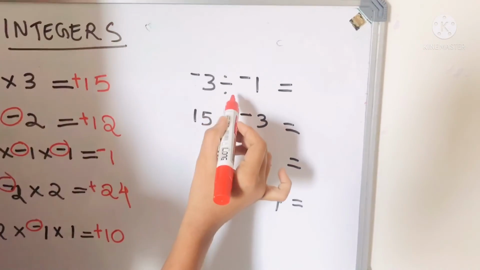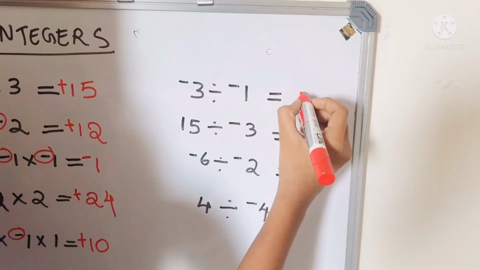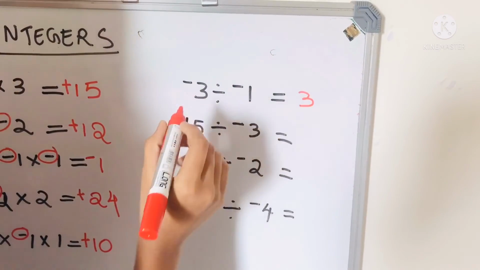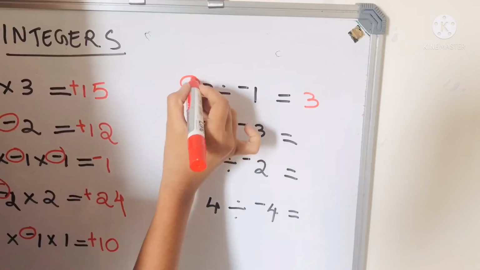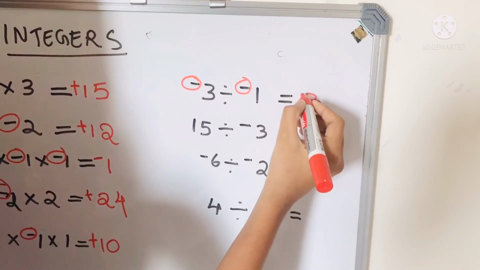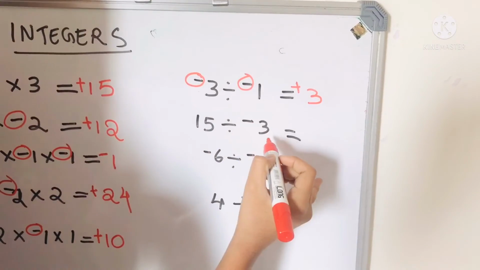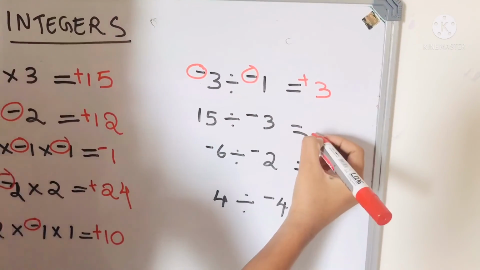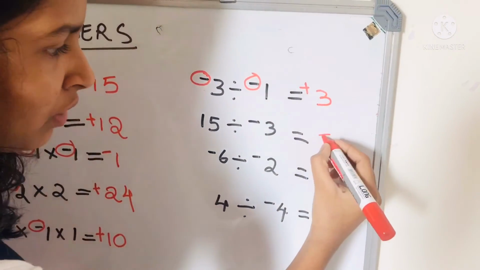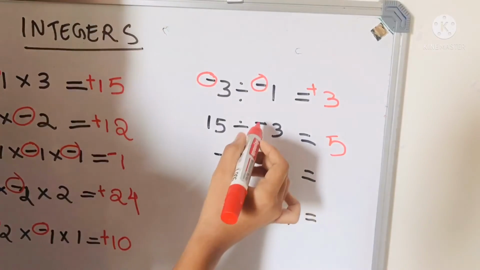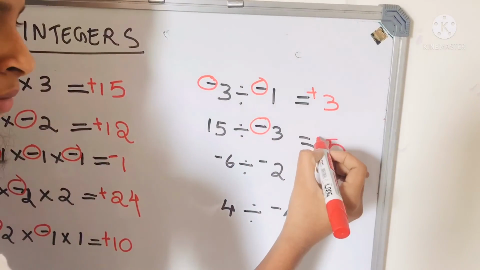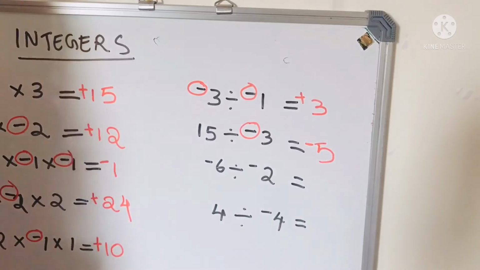Now let's look at division. Minus 3 divided by minus 1, we get the answer as 3 only, and the number of negative signs is 1, 2, which is even, so we put plus here. 15 divided by minus 3, we get the answer as 5, and the number of negatives is 1, which is an odd number, so minus 5 is the answer.